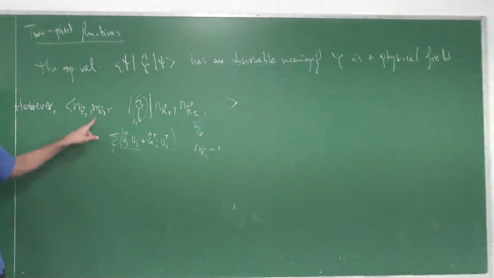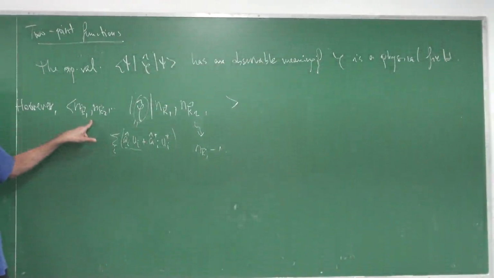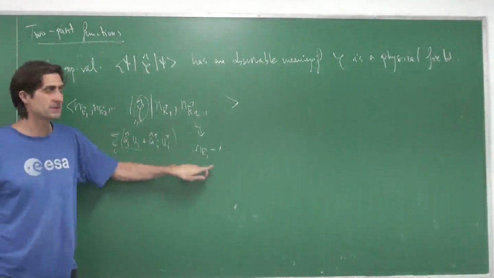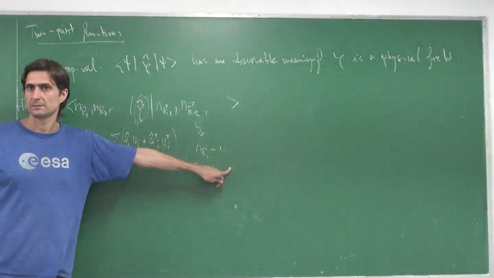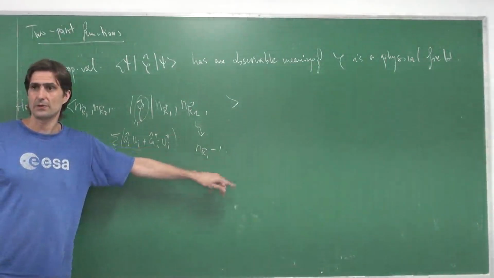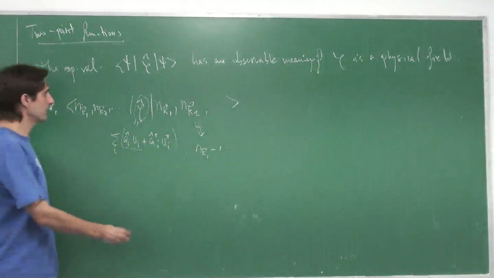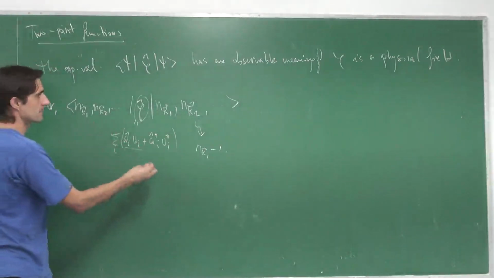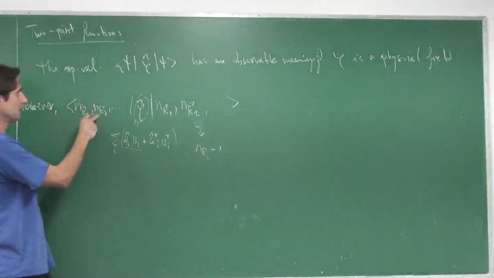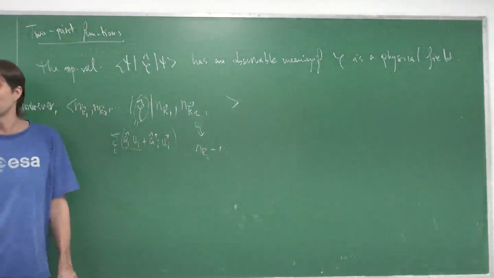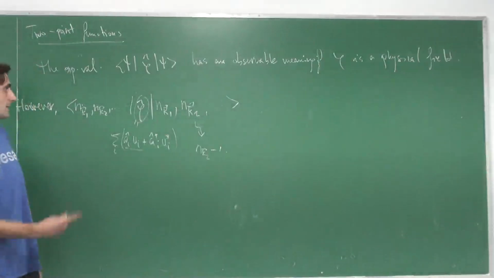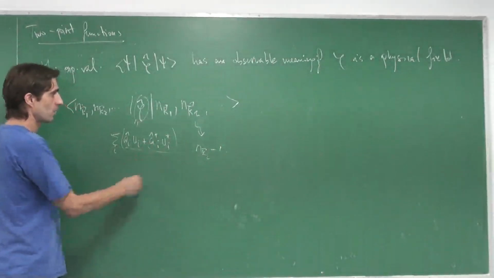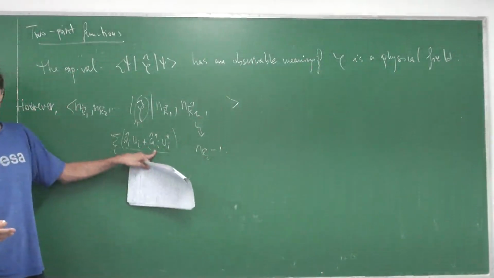And what's the product of this state with this state? It's 0. They're orthogonal. This has n_k2 particles, this one has n_k2 minus 1 particles, they're orthogonal, and so that will be 0. Similarly, this one will add a particle.